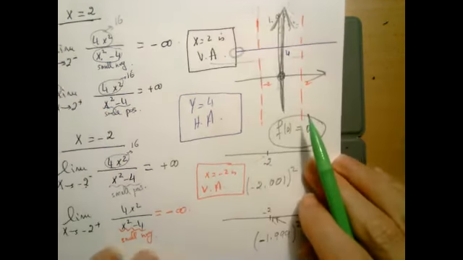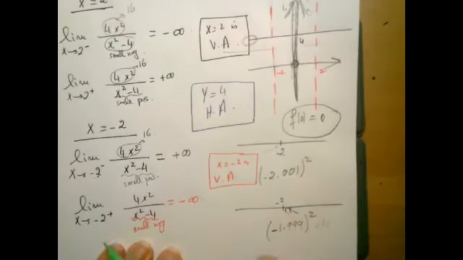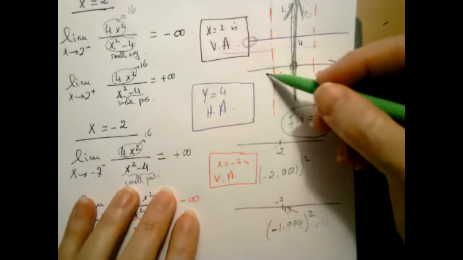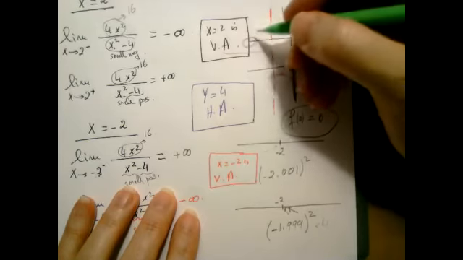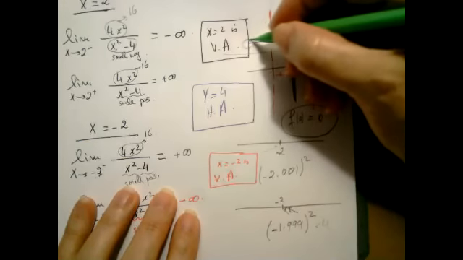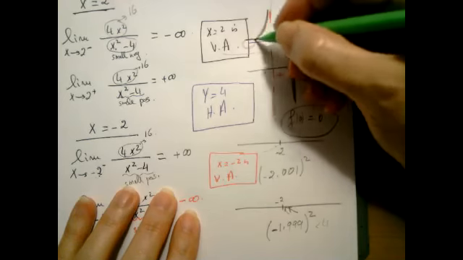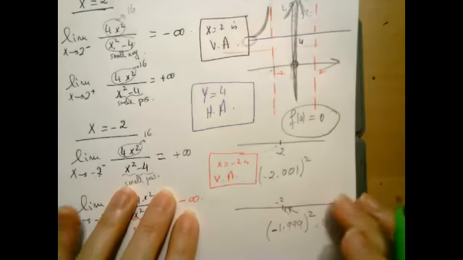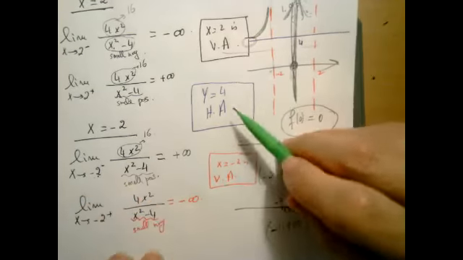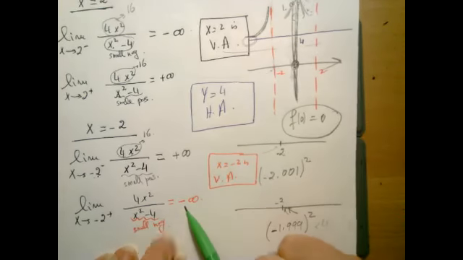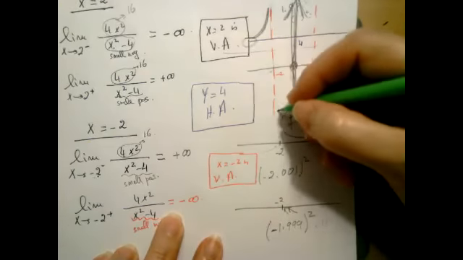I cannot decide until I go back here. When we get close to -2 from the negative, my function is blowing up. It's going to blow up all the way here. So that's the picture so far. Now, when we're getting close to -2 from the positive, we're going to -infinity. So I am right here.